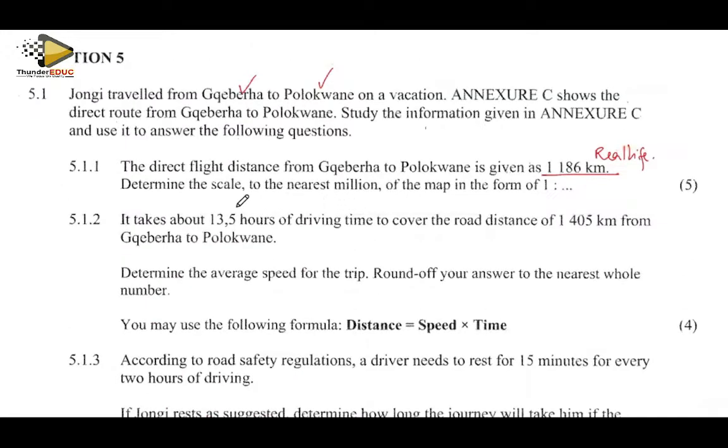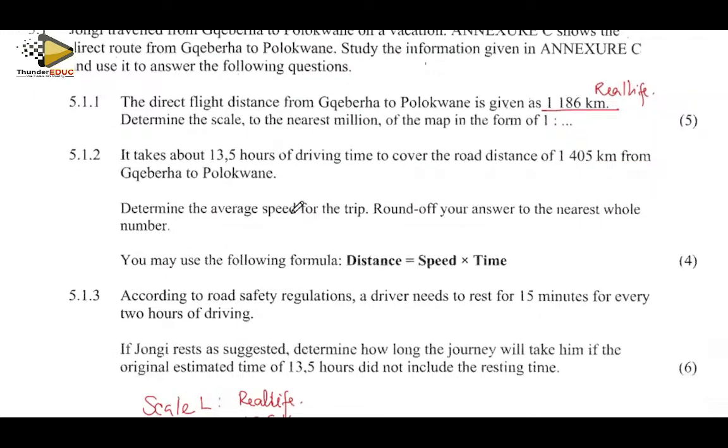So we come to the other question, which says it takes about 13.5 hours of driving time to cover the road distance of 1,405 kilometers from Mabeke to Polokwane. So determine the average speed for the trip.